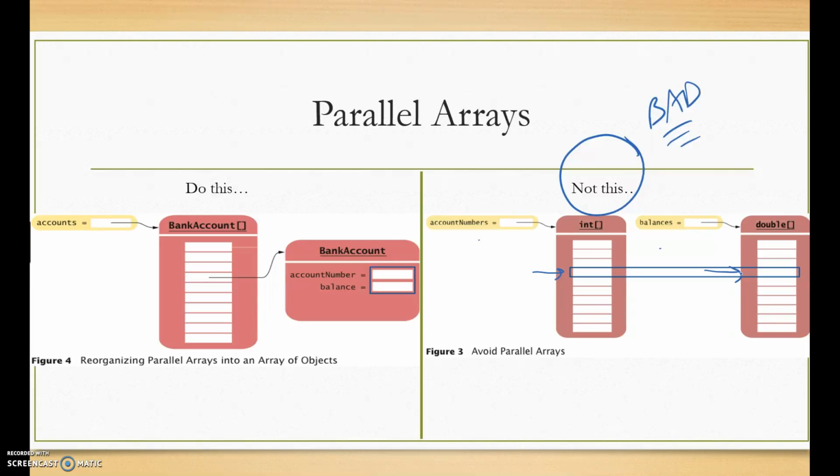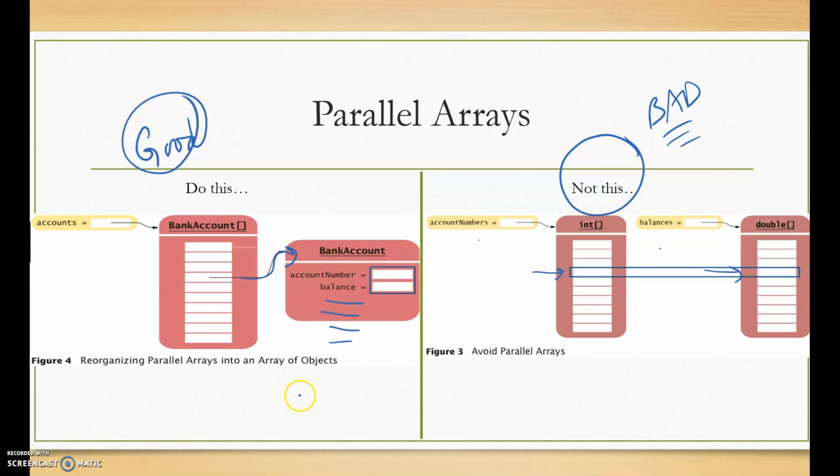Well, that's really complicated because you're having to maintain multiple arrays when all of the entries in the same row are actually connected. So instead, what we want to do is use this idea of an object and have the object contain all of the data. So what we would want to do is create an array of, in this case, bank accounts, and each array entry refers to a specific bank account, and then that specific bank account can organize any data necessary.